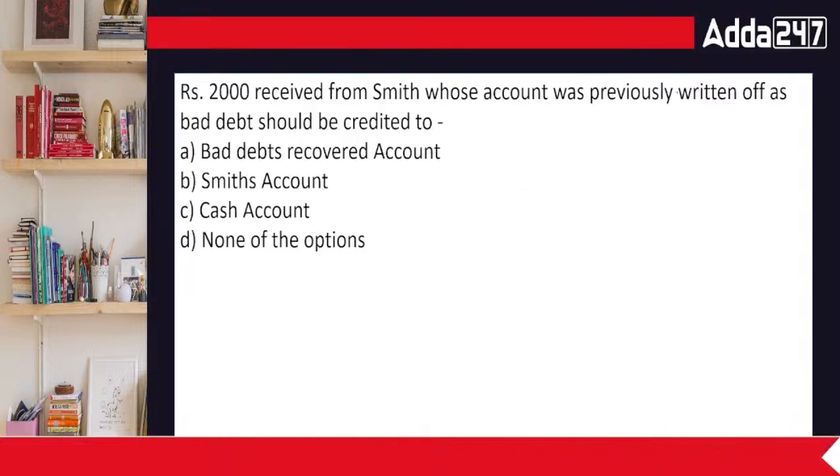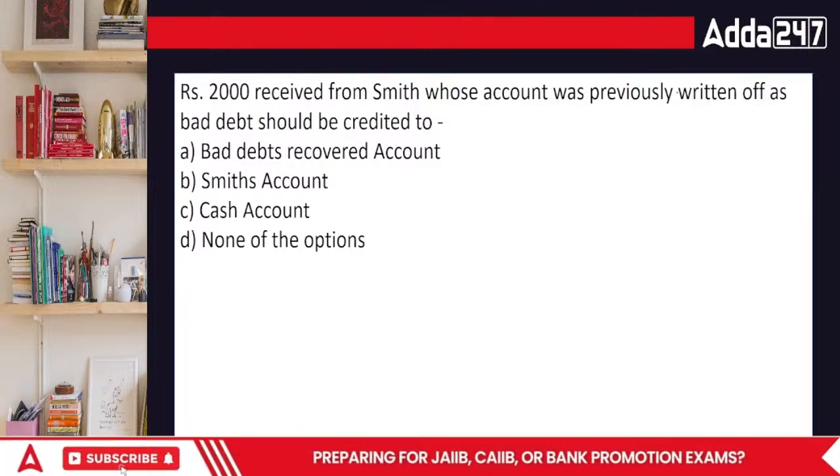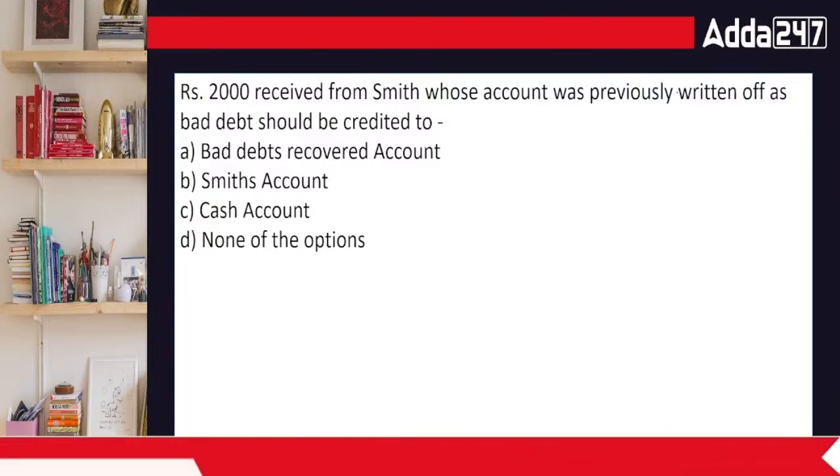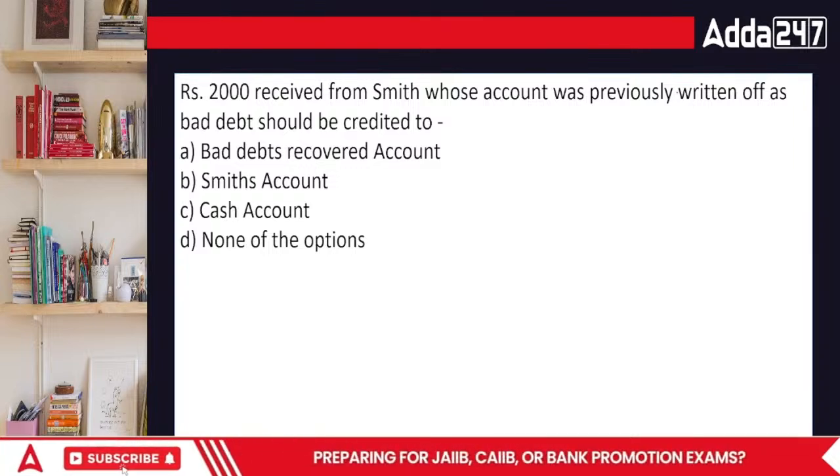Rupees 2000 received from Smith whose account was previously written off as bad debt should be credited to: bad debt recovered account, Smith's account, cash account, or none of the above.